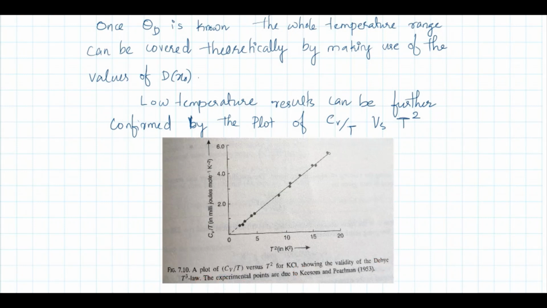Cv by T versus T square means Cv versus T cube, right? So if the graph is a straight line, Cv obeys the T cube law. And the experimental data points all lie on the straight line. The experimental points are due to Keesom and Pearlman, and this experiment was done in 1953.